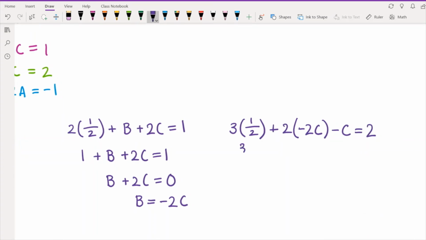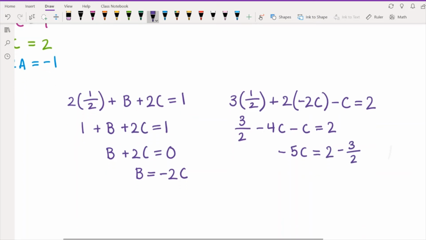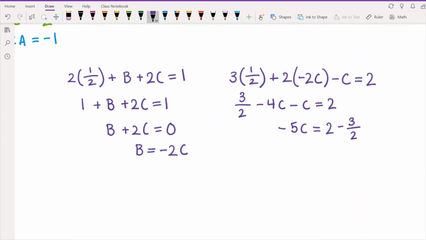And so we're going to end up with 3/2 minus 4c minus c is equal to 2. And so that gives us negative 5c is equal to 2 minus 3/2. So what is 2 minus 3/2? Well, 2 would be 4/2, right? And so we're going to be left with 1/2. And so that tells us that c is equal to negative 1/10 if we divide both sides by negative 5.